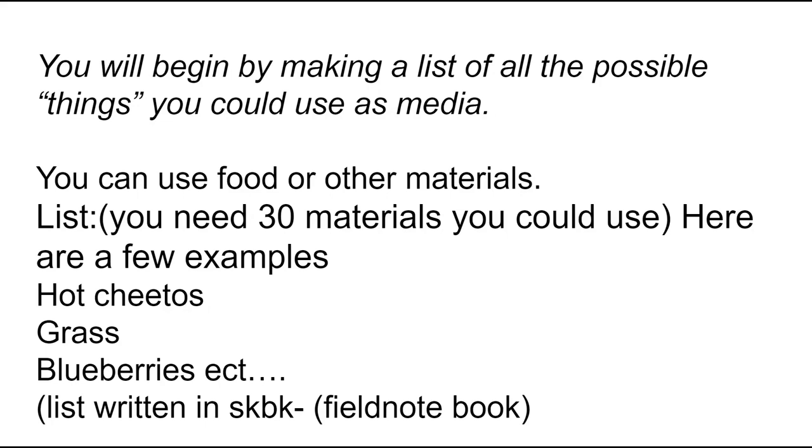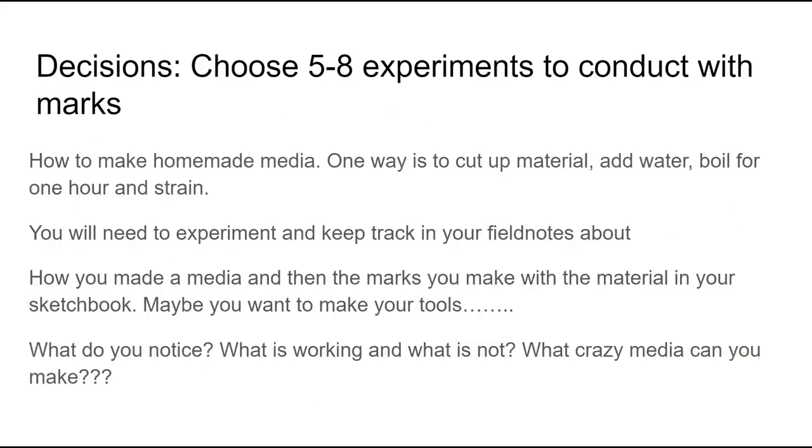I can use Crayola markers, Copic markers, go on and on and on, right? I can use tea, I can use coffee, I can use bleach, I can use watermelon, everything. What can you possibly use as art supplies? Then you're going to write that list in your sketchbook, right? Because everything goes in your sketchbook.